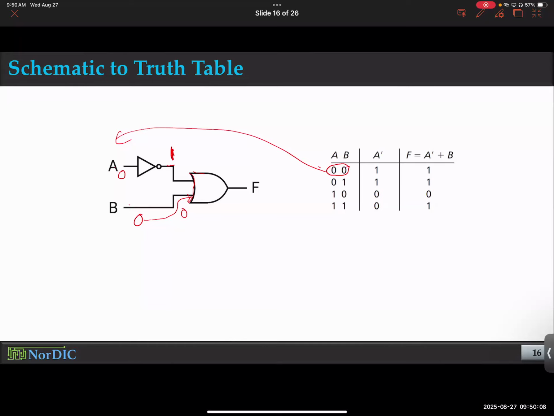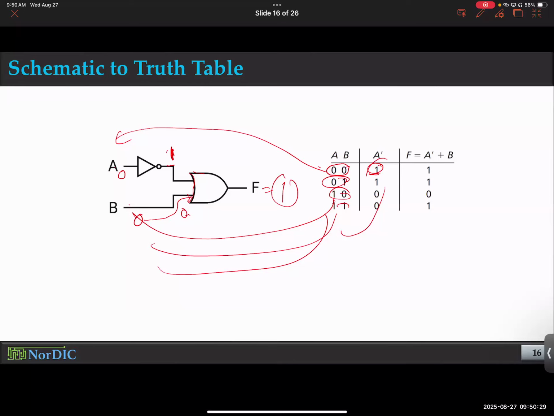It's almost like you have to memorize it. It's not memorization. It's essentially real logic, human logic, right? So when you have 1 and 0 and you're doing OR, as long as you have just one 1 somewhere, the output is 1. Simple. So that's what you get as an output. So you plug in every one of these inputs in the circuit and you see the output and you fill the third output column. That's how you can populate or generate a truth table.